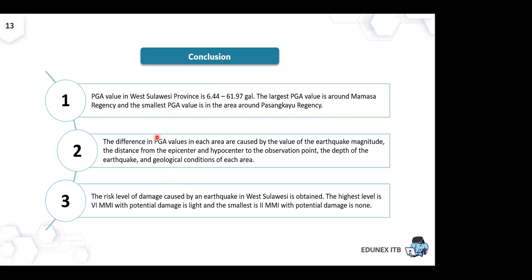The second, the difference in PGA values in each area is caused by the earthquake magnitude, the distance from the epicenter and hypocenter to the observation point, the depth of the earthquake source, and geological conditions of each area. And then the last is the risk level of the damage caused by an earthquake in West Sulawesi is obtained, where the highest level is 6 MMI, with the potential damage being light, and the smallest is 2 MMI, with the potential damage being none.